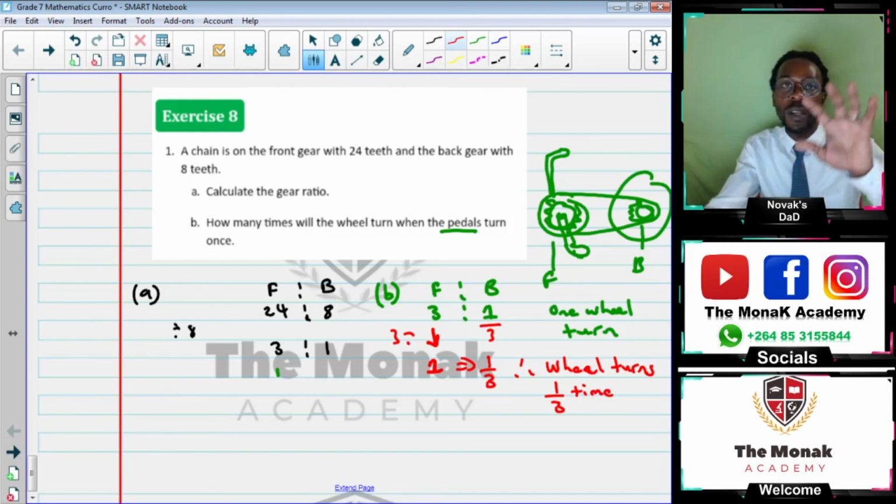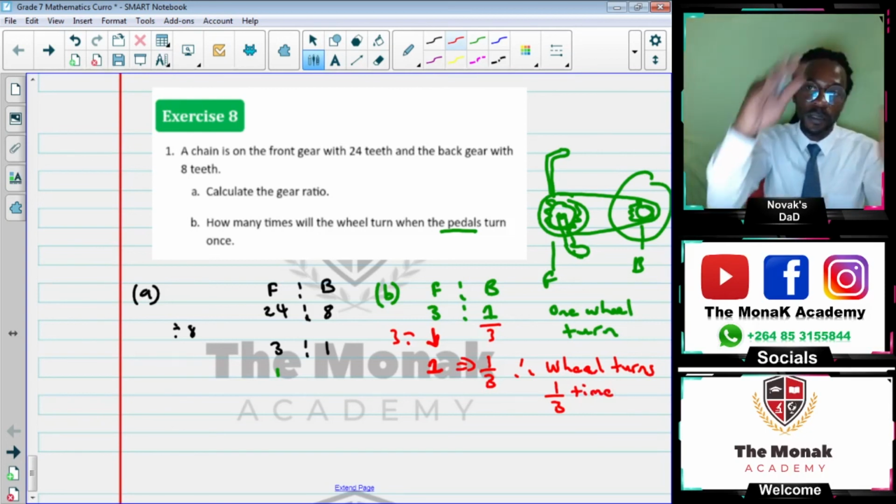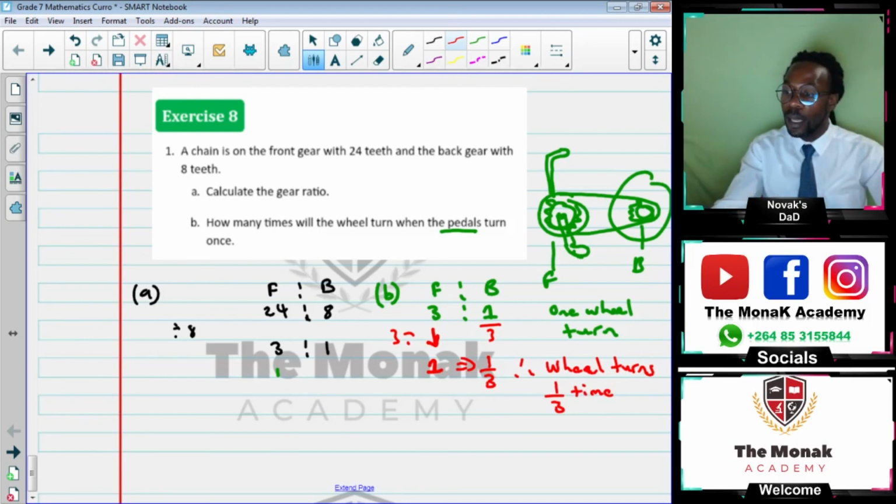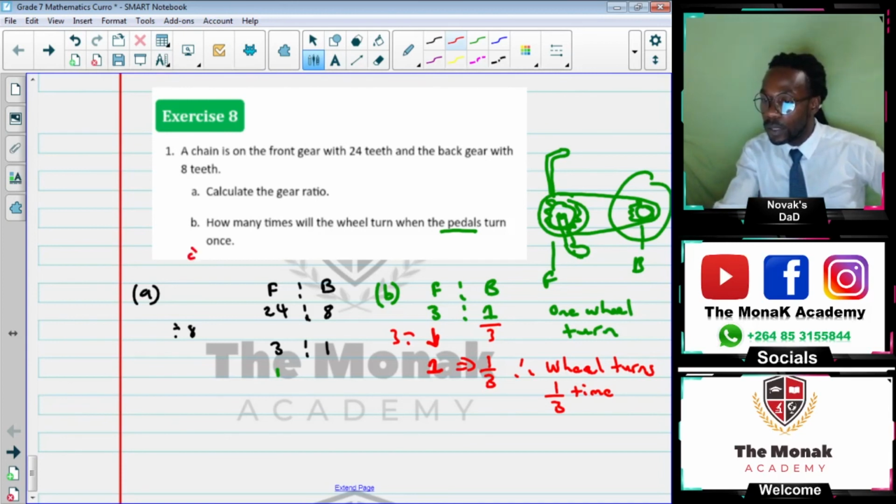It means only 1/3 of the wheel will move, not the whole revolution.